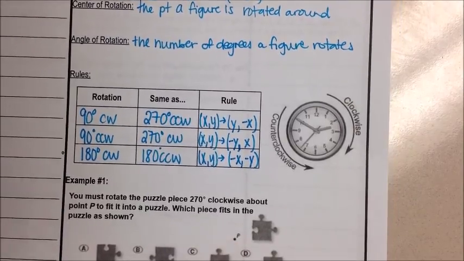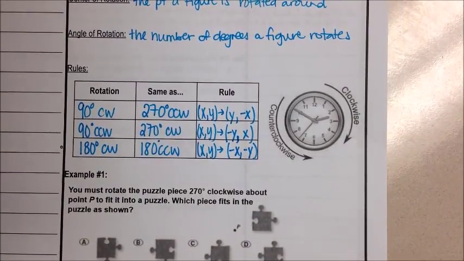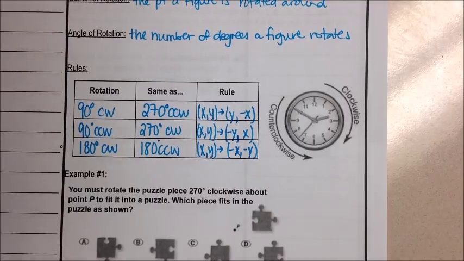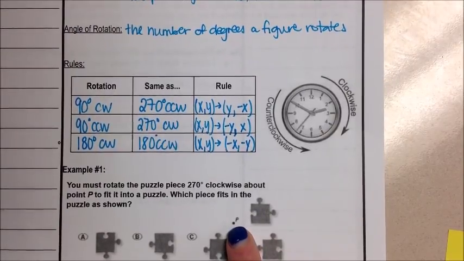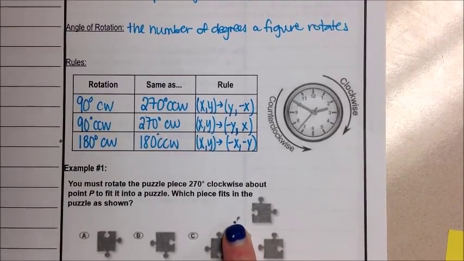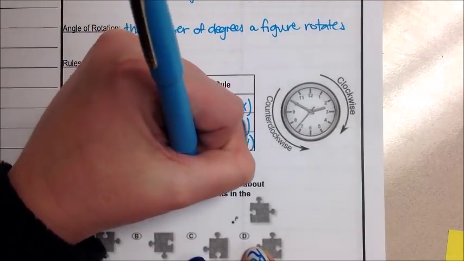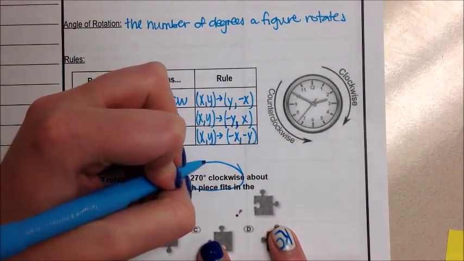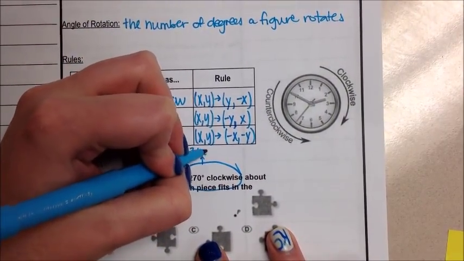Okay, so example number 1 says you must rotate the puzzle piece 270 degrees clockwise about the point P to fit it into a puzzle. Which piece fits in the puzzle as shown? So I'm going to rotate 270 degrees clockwise. And remember, that's like 3 turns.